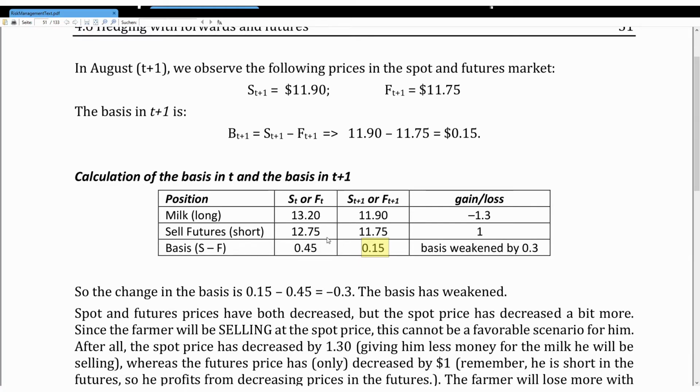The backwardation implies that the basis is positive. Usually it would be negative. But still, going from 45 cents to 15 cents is going to the left on an imaginary number line. So that is weakening of the basis by 30 cents.